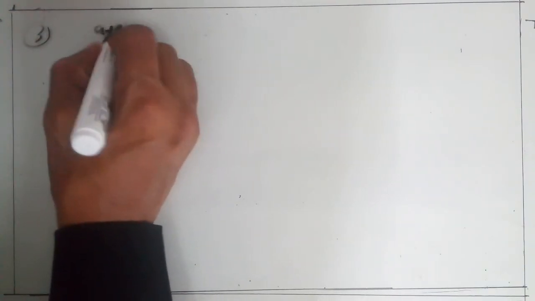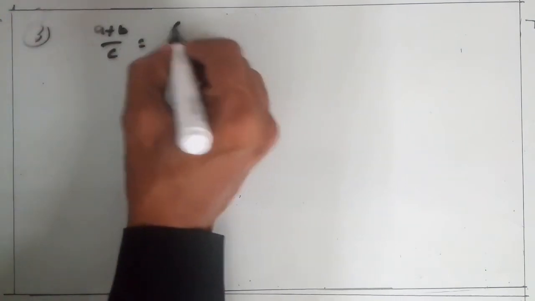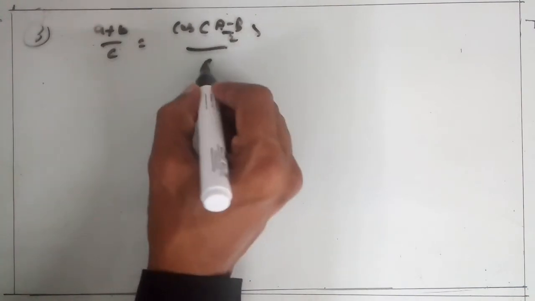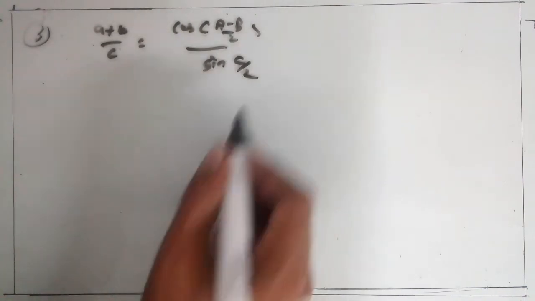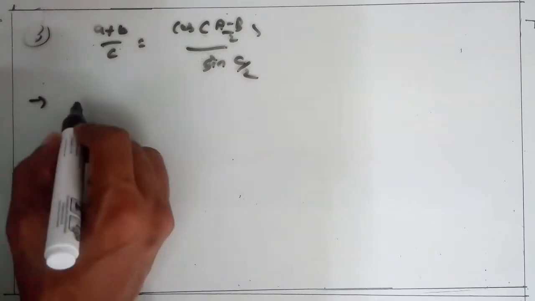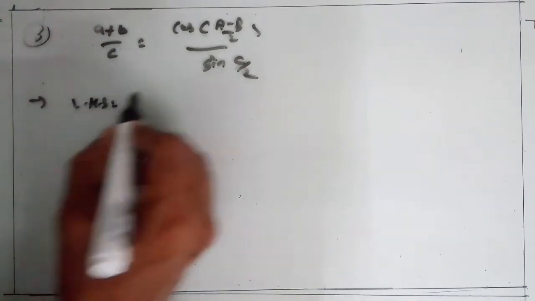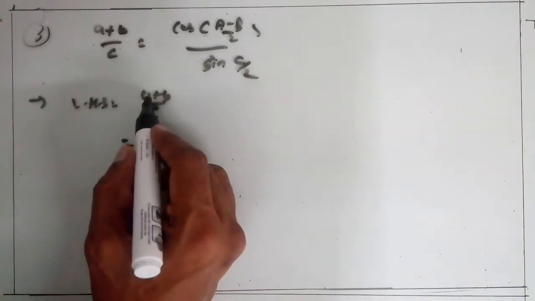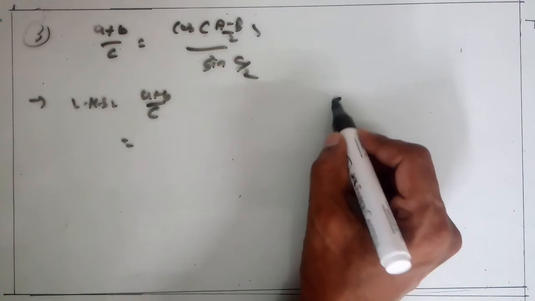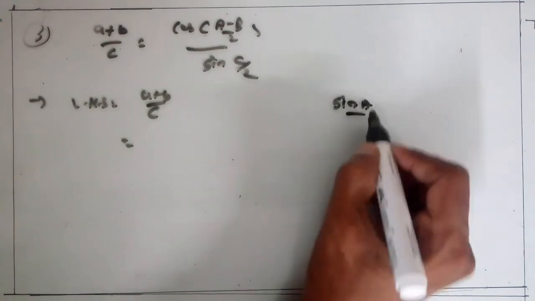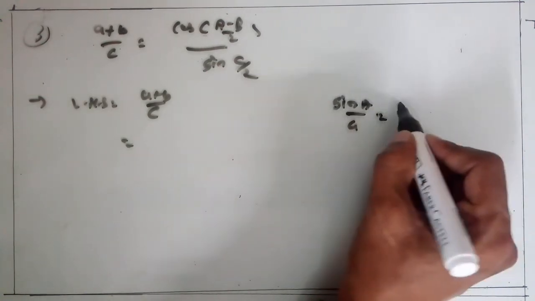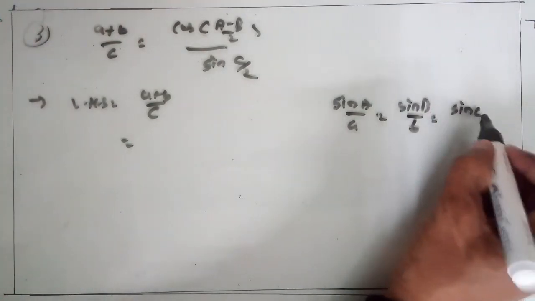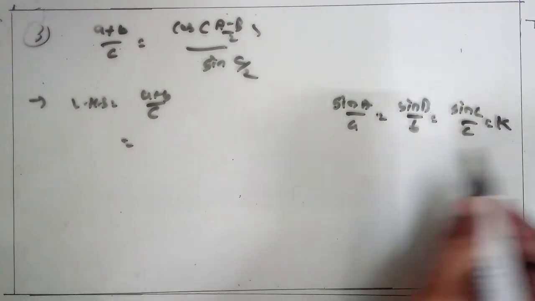Okay. Now question number three. Prove that (a plus b) upon c is equal to cos((A minus B) by 2) upon sin(C by 2). Taking the left hand side, LHS is equal to (a plus b) upon c. You know the sine rule: sin A upon a is equal to sin B upon b is equal to sin C upon c is equal to, say, k.